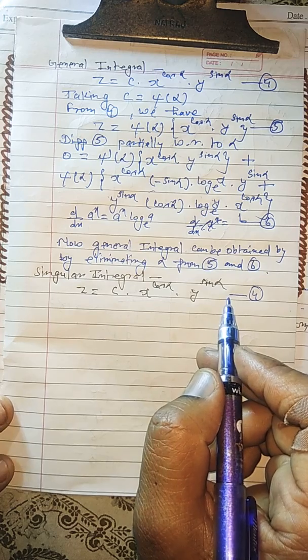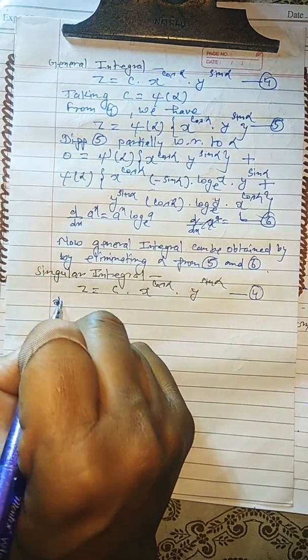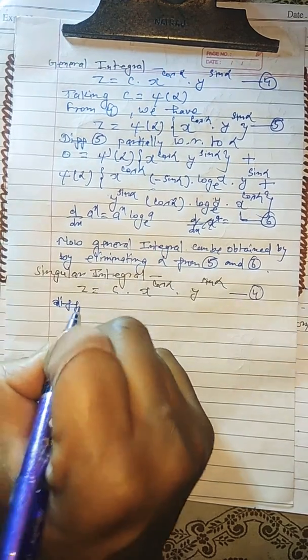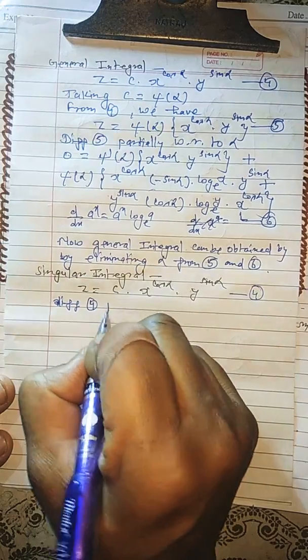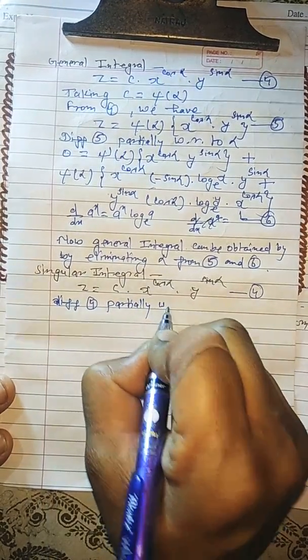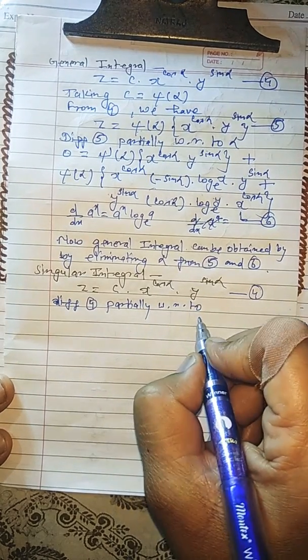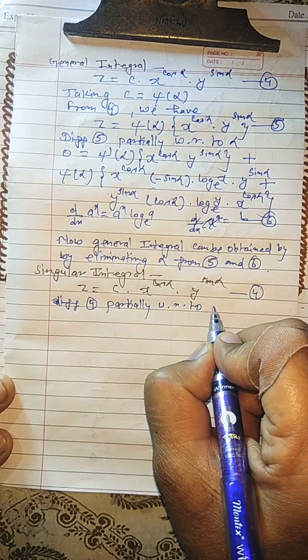Now we differentiate 4 partially with respect to alpha and c.